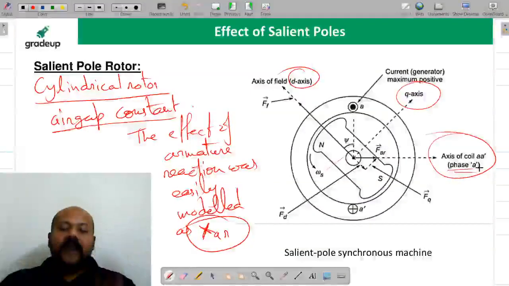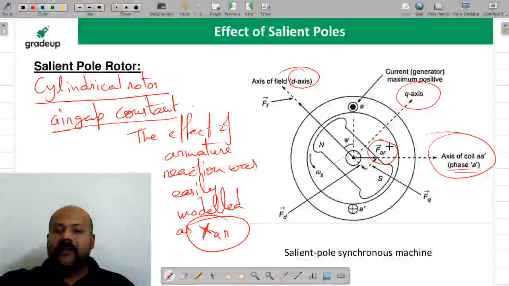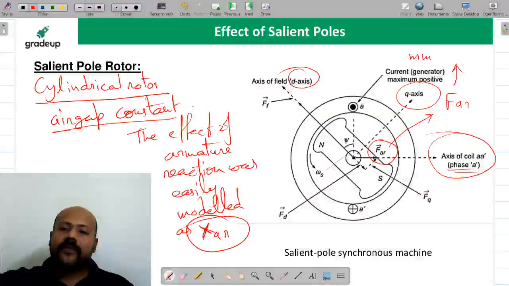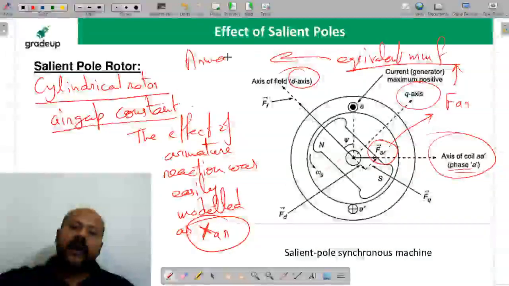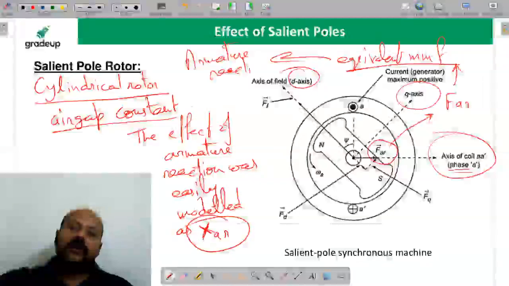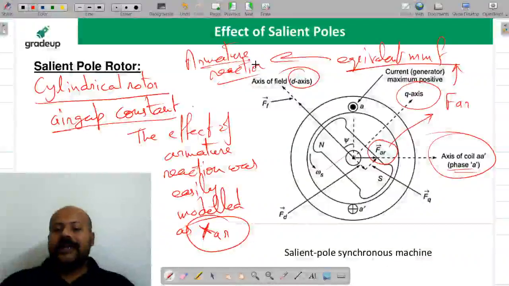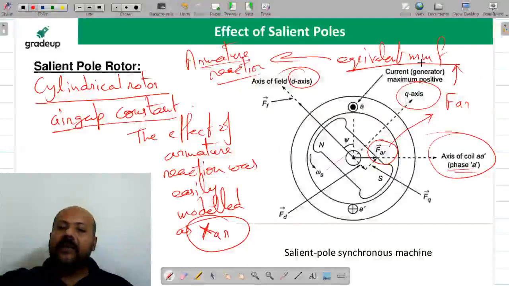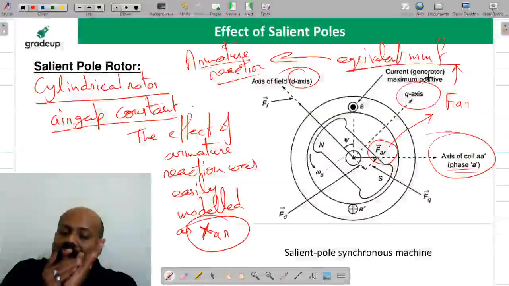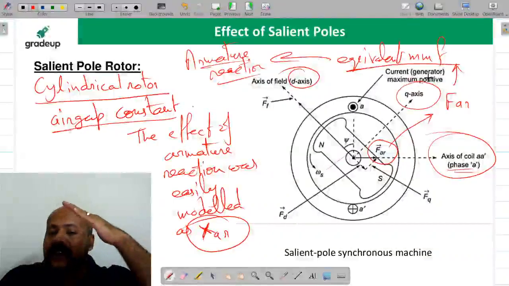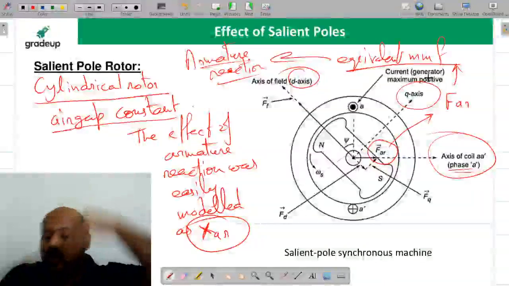Now what we are going to do, please try to understand. What is this FAR? This FAR is the MMF, or you can say the equivalent MMF, which represents the armature reaction. Yes or no? So we are going to divide this armature reaction equivalent MMF into two parts.